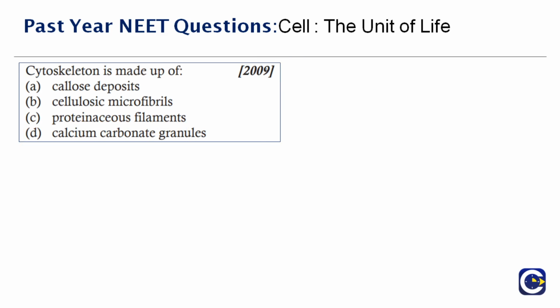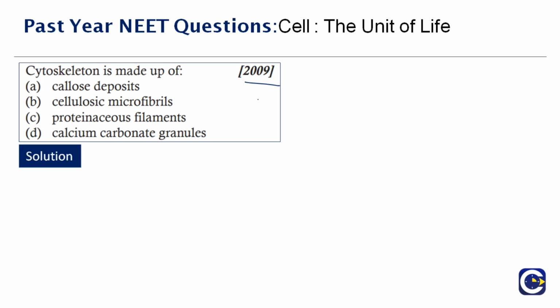This question was asked in the year 2009. Cytoskeleton is made up of dash. I think by now you've guessed the answer because we already discussed this in the cytoskeletal part. We talked about microfilaments and microtubulins. When I say microfilaments, they are made up of actin proteins, and microtubulins, they are made up of the protein called tubulin. By now you have guessed the answer.